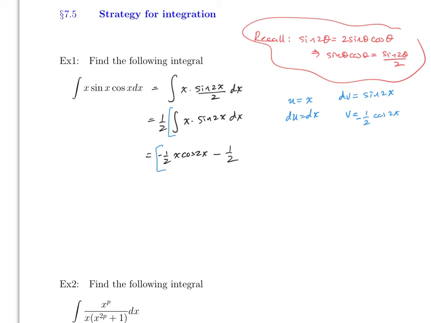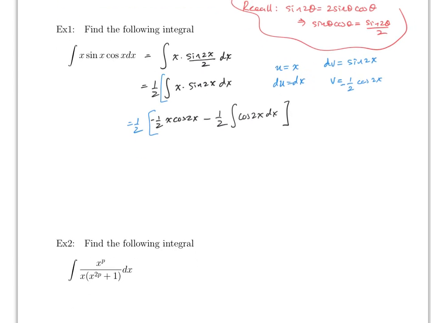Let me make sure I get that. So minus the integral of v du, where du is just dx. So then this will be equal to 1/2 times minus 1/2 x cosine 2x minus 1/2.